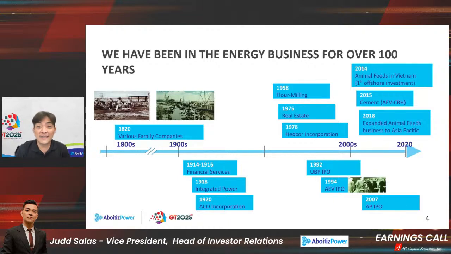Now, in 2007, like Jep mentioned to you a while ago, we raised money as Aboitiz Power, or AP, through an IPO. And back then, our offer price was 5 pesos and 80 cents. Our entire energy business is housed under AP. This year, we celebrated our 15th year as a listed company. Next slide, please.